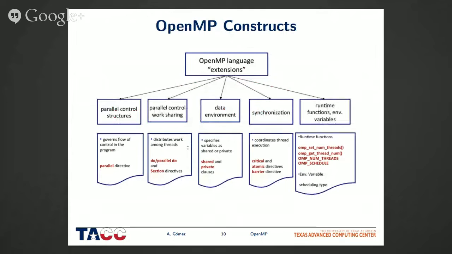So these are the constructs of OpenMP. We have parallel control structures like the parallel directive, which is the critical one, the one that actually creates threads. And then we have the parallel control for work sharing. As I said, once you create the parallel region, all the threads will execute the same instructions.